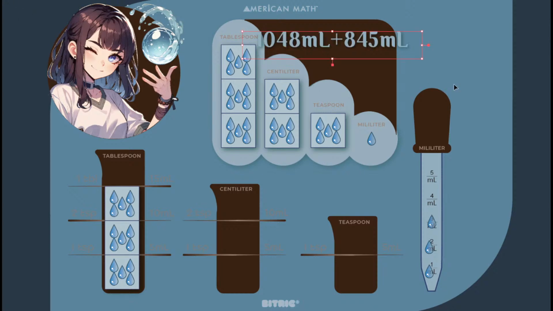All right. Do you know what the answer to this is offhand? So the answer would be 1,892 milliliters. That's very impressive. You were very close. It would be 1,893 milliliters.